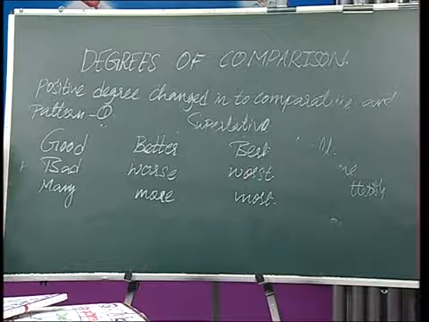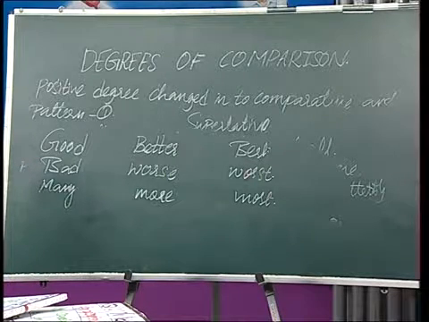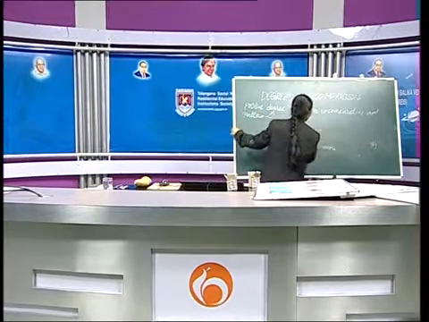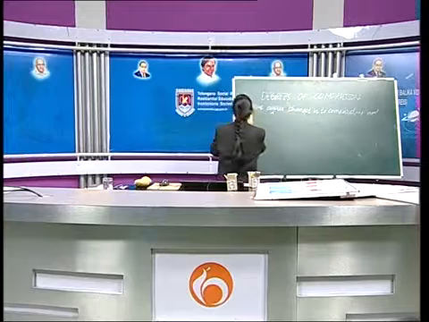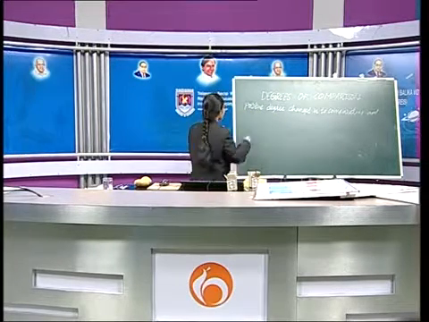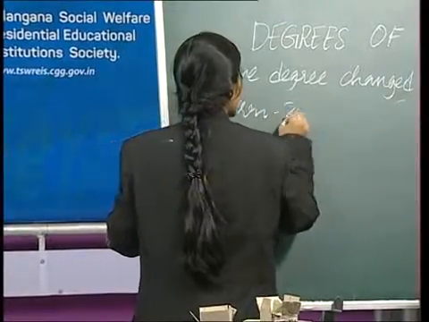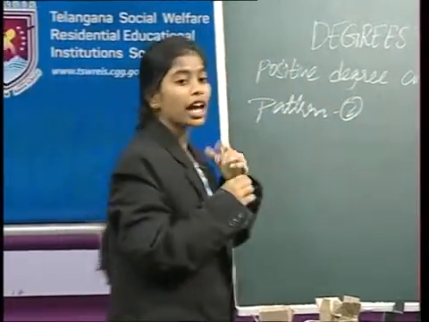Friends, one more pattern remains for us to discuss. Let us know the second pattern. Friends, pattern 2 we are discussing. Before this, let us have a glance at the chart.